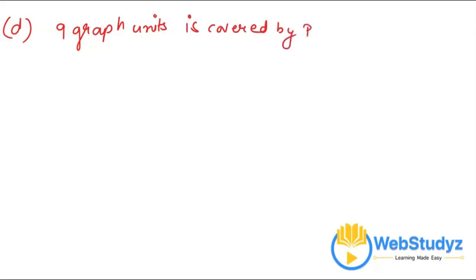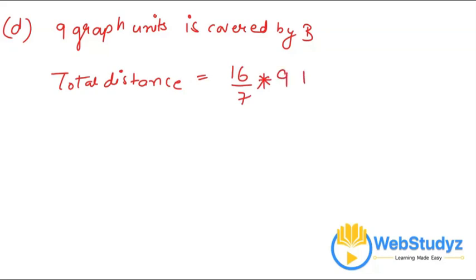So the distance B has covered is 9 graph units. So the total distance would become the value of one graph unit, that is 16 by 7, into 9.